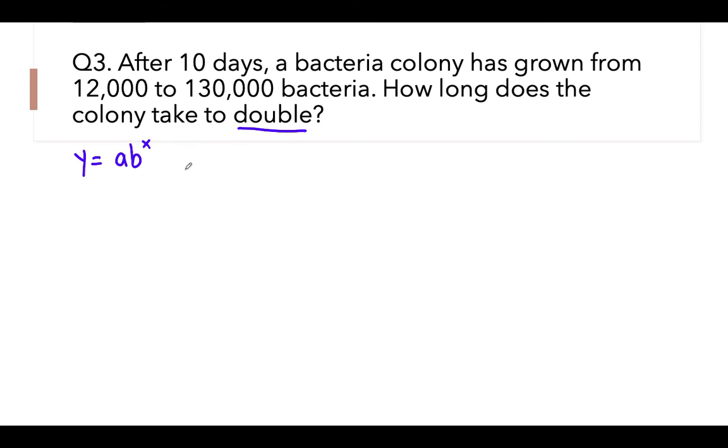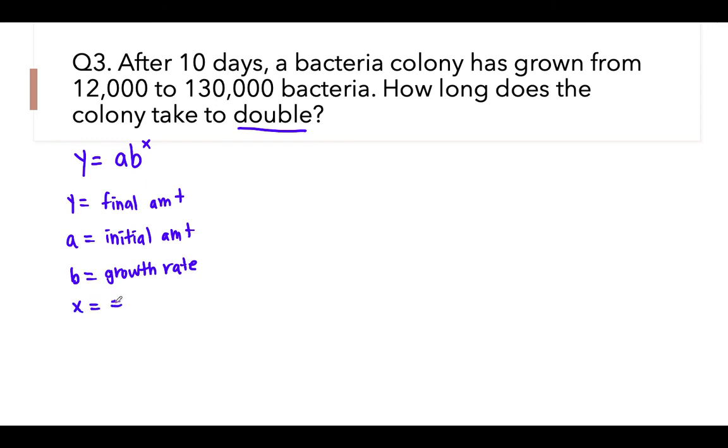Now let's write it down. y is the final amount. A is the initial amount. B is the growth rate. And x is the number of time intervals.